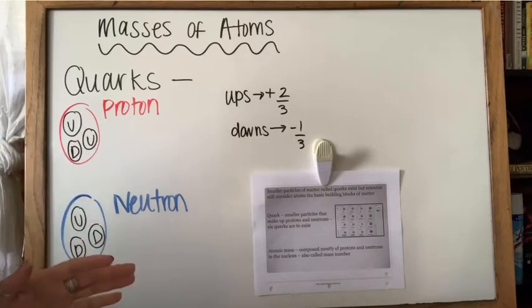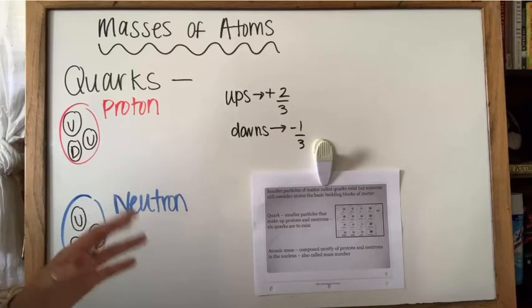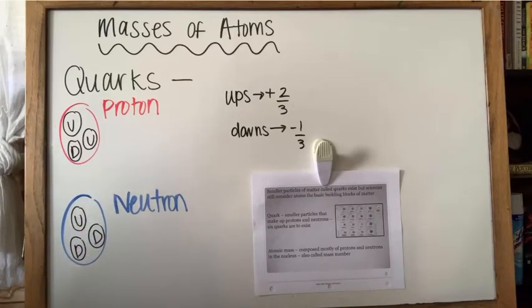So starting on a smaller level, smaller particles of matter called quarks do exist, but scientists still consider atoms the basic building blocks of matter. So what we're going to go ahead and look at are quarks. What are they? They are smaller particles that make up our protons and our neutrons.